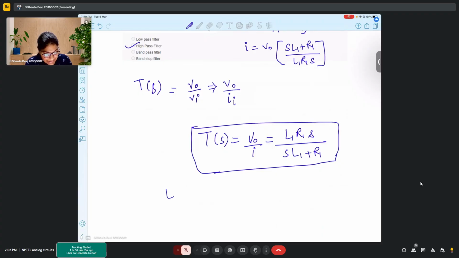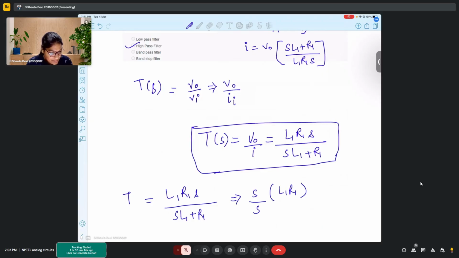How will we do it? See, the transfer function we know is L1 R1 S by S L1 plus R1. Let's take S common. So S by S, this is L1 R1 by L1 plus R1 by S, right?